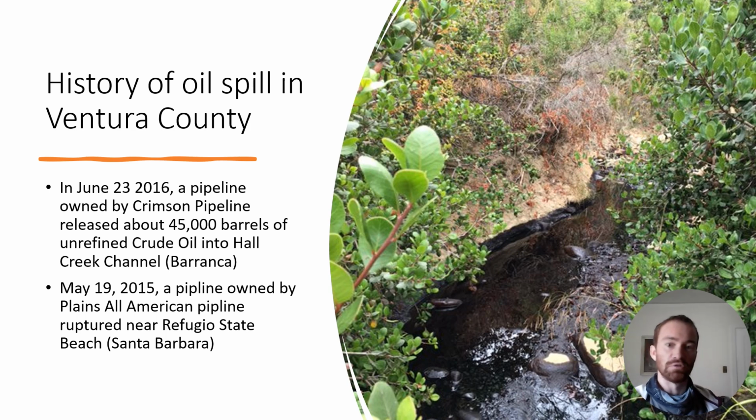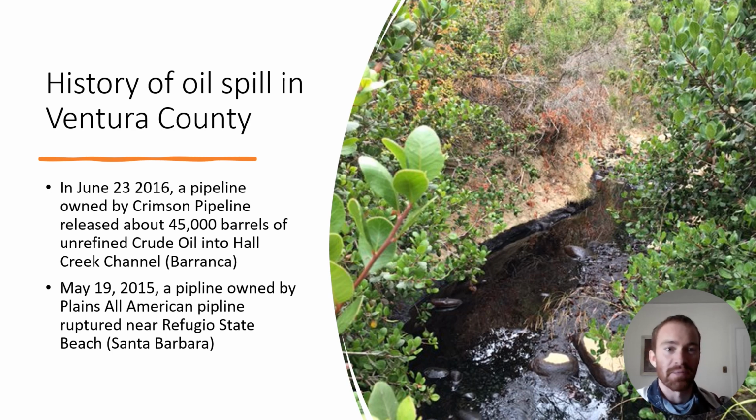Many of the locals call this channel the Barrancas. I know this area fairly well since my dad lives right along the channel as well as many of the Ventura residents. To our right of this slide is a picture of this very channel.